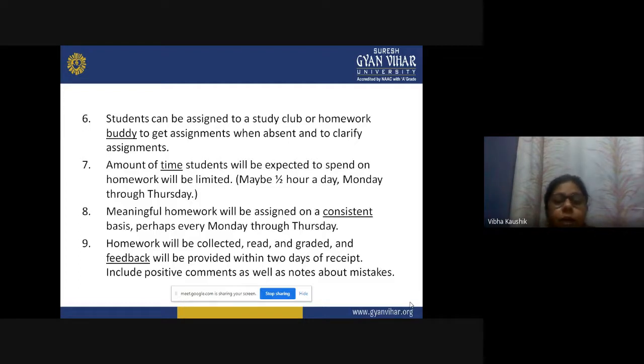Feedback will be provided within 2 days of receipt. Now, means it will take 2 days to give them the proper feedback. Include positive comments as well as notes about mistakes. Now, you can give them positive comments as well as notes about mistakes, that these particular mistakes have been made by you.